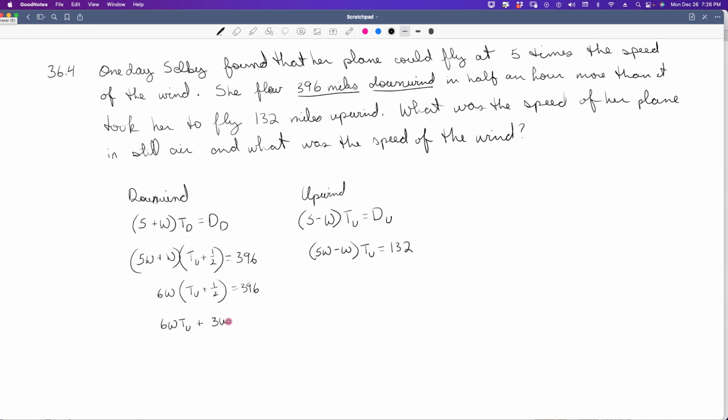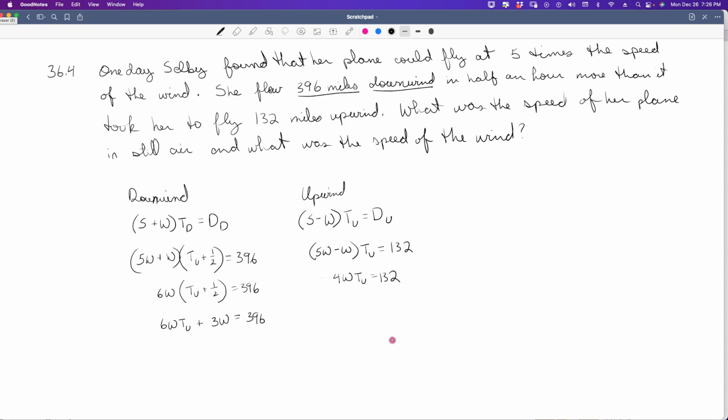So 6WTU plus 3 equals 396. That's as far as we can go right now. So now let's do this one. 5 times the wind, or 5W minus W, is 4W times the time upwind, equal to 132.